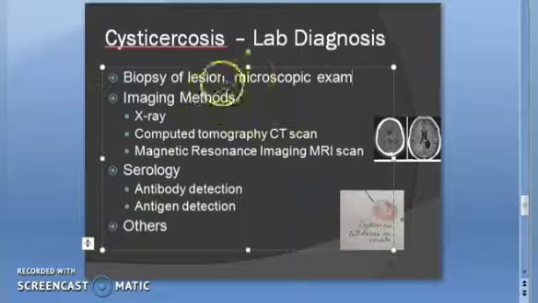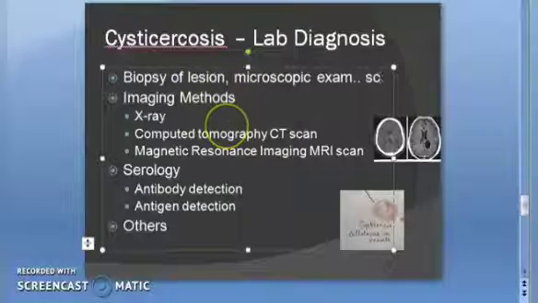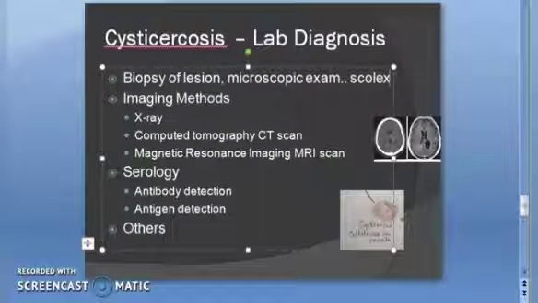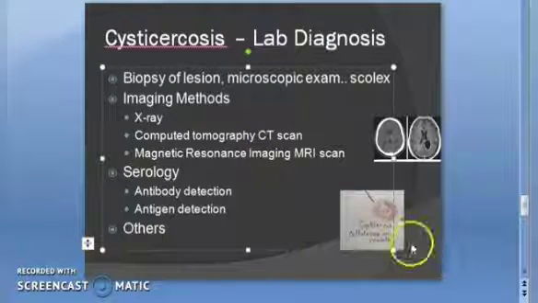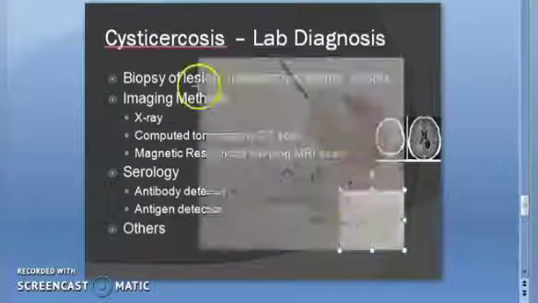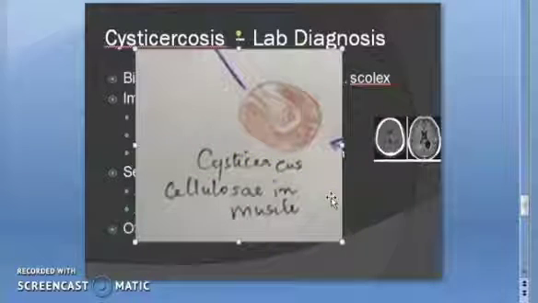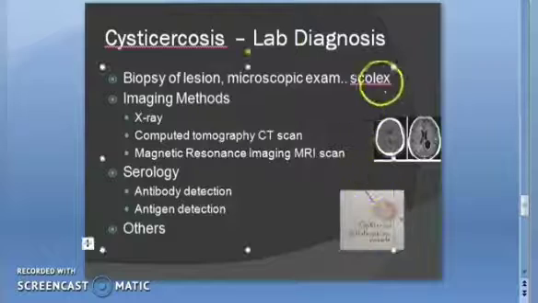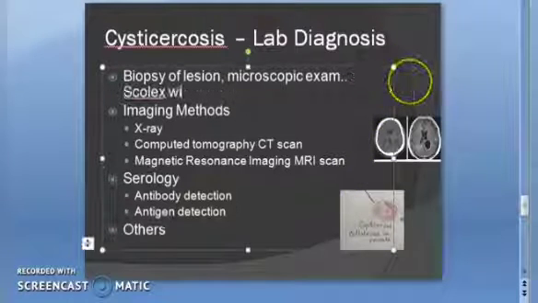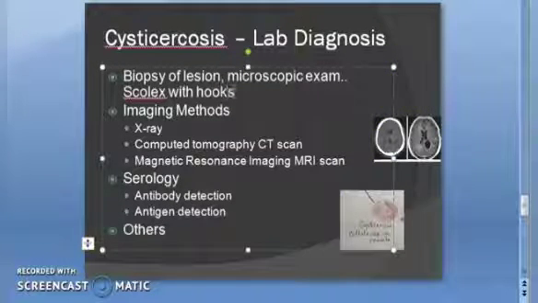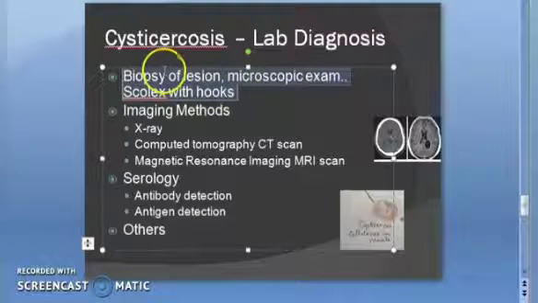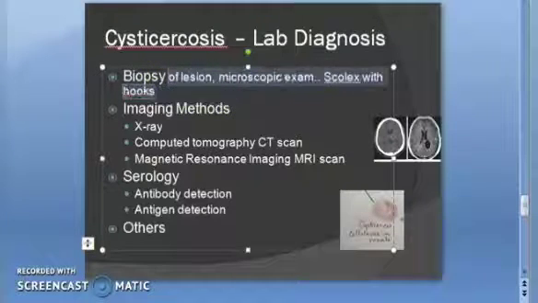What you will see? You will see scolex with the suckers and hooks. Hooks means for solium. Solium only causes cysticercosis, so obviously hooks should be there, right? Should have scolex with hooks. Correct? So done with biopsy already. Next, moving on.